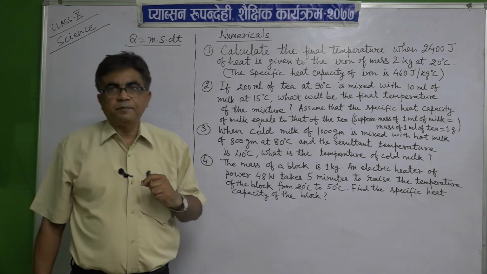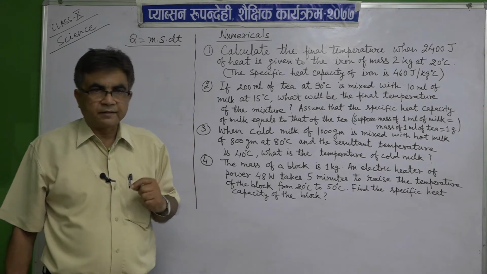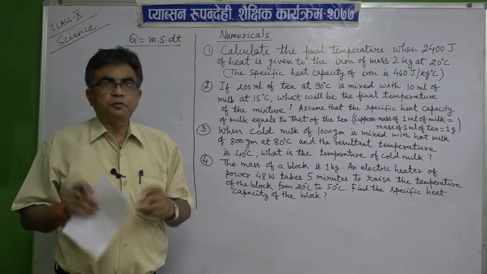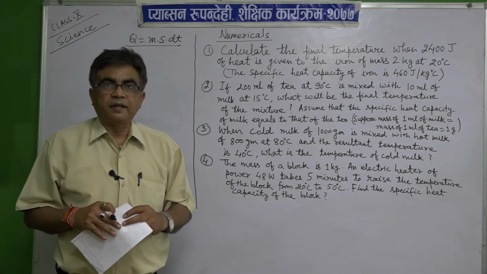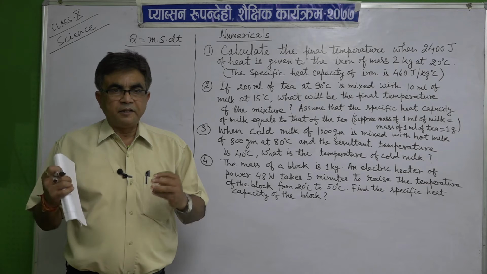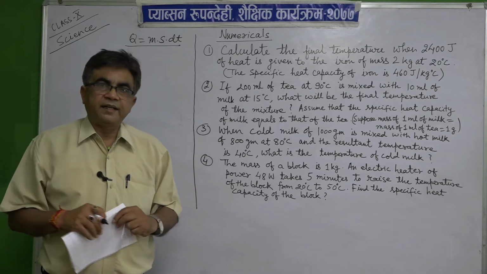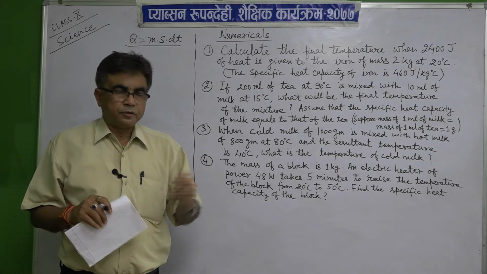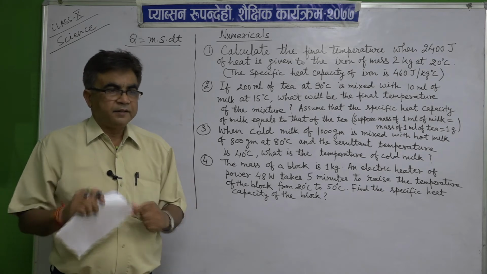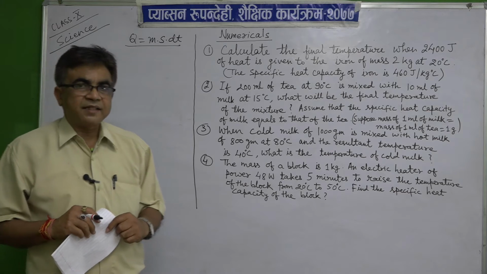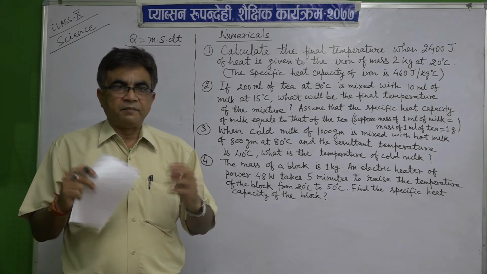Similarly, in the principle of calorimetry, what we had come to know is that whenever two bodies at different temperatures come in thermal contact, the heat will flow from the body at higher temperature to the body at lower temperature, and the flow of heat lasts till the temperature becomes the same.